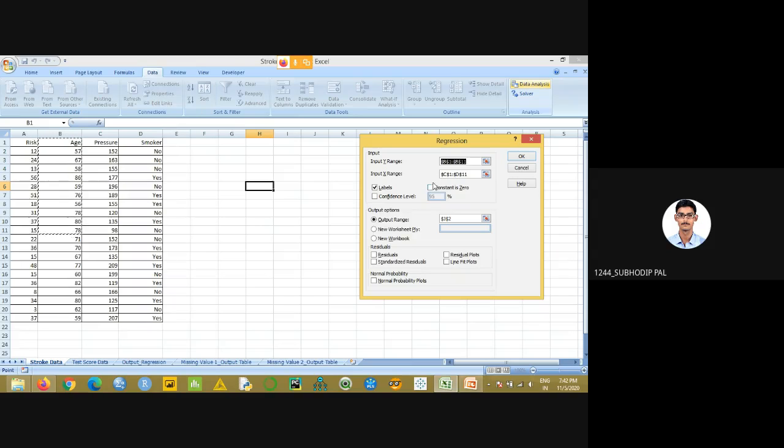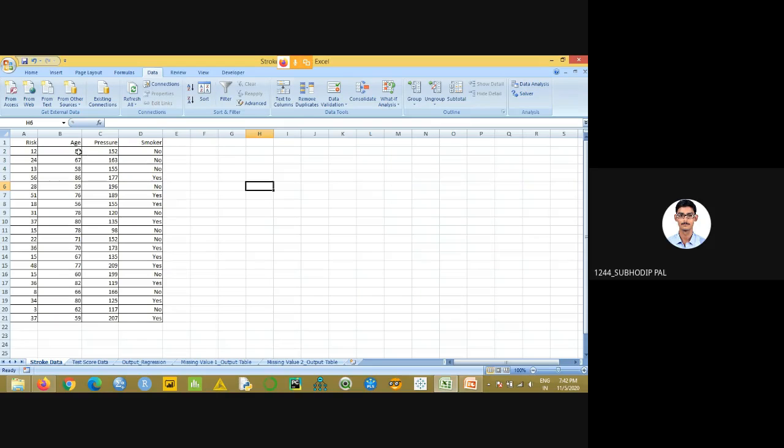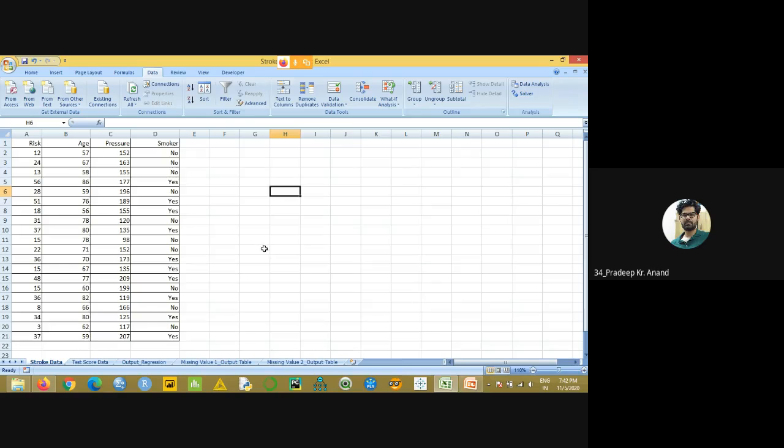Which one is my dependent variable here? Risk, age, pressure, and smoker. Can you all see the data?